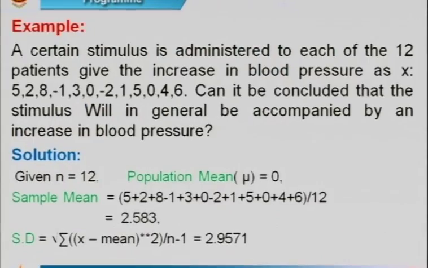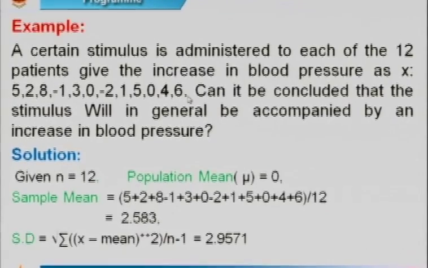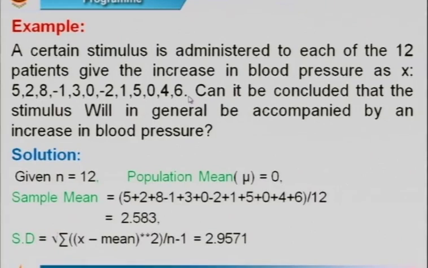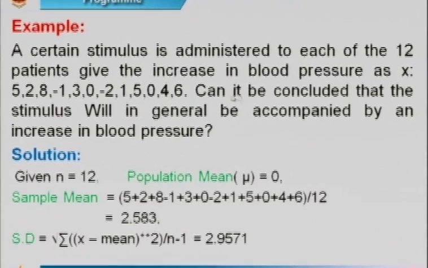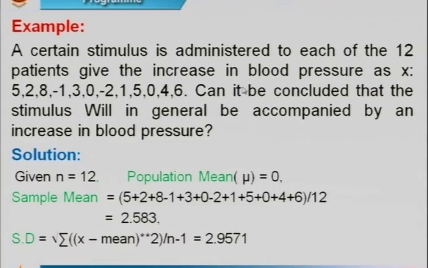Now we will go to the next example. A certain stimulus is administered to each of the 12 patients, giving the increase in blood pressure as x takes the values, that is totally 12 values are given, increase in the blood pressure when some stimulus is administered to the patient. Can it be concluded that the stimulus will in general be accompanied by an increase in blood pressure?